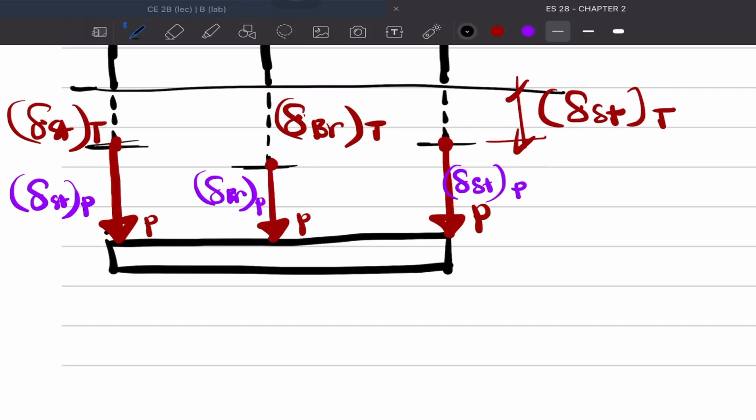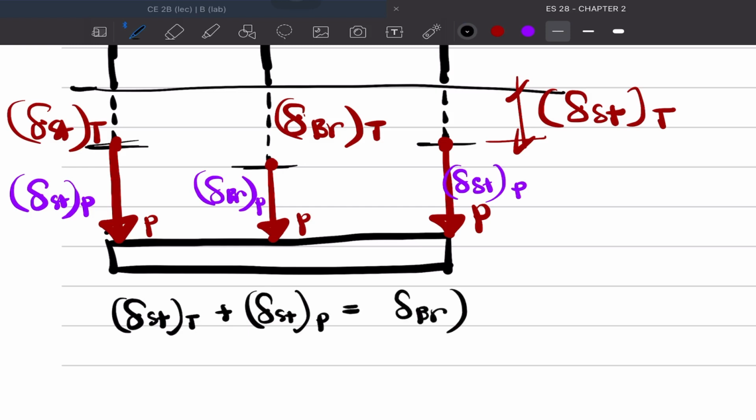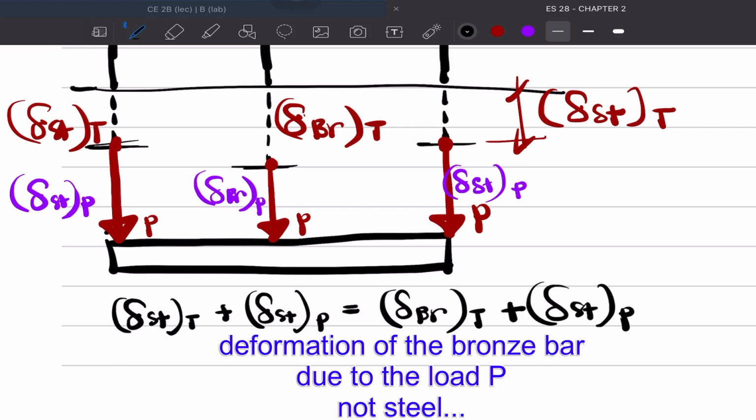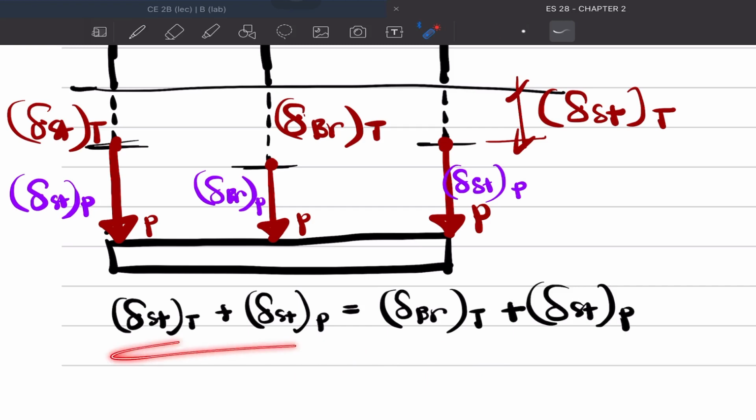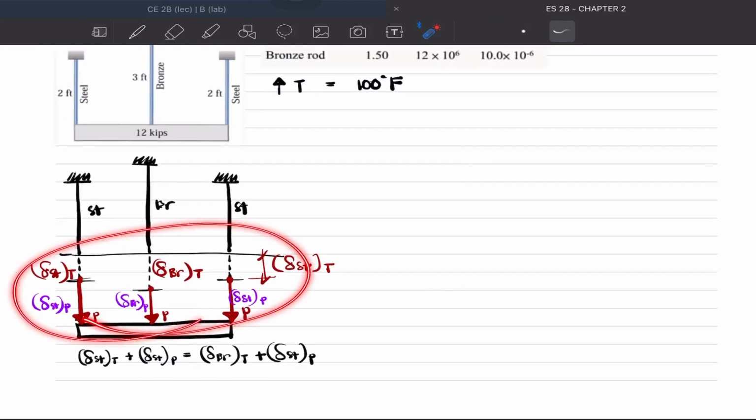So, kung ato na siya i-translate into an equation, mahimo ni siya ang deformation sa steel bar due to the change in temperature plus deformation sa steel bar due to the load nga atong gi-apply, equal na siya sa deformation sa bronze bar due to the change in temperature plus deformation of the steel bar due to the load nga atong gi-apply. So this one now is our compatibility equation based on our analysis.